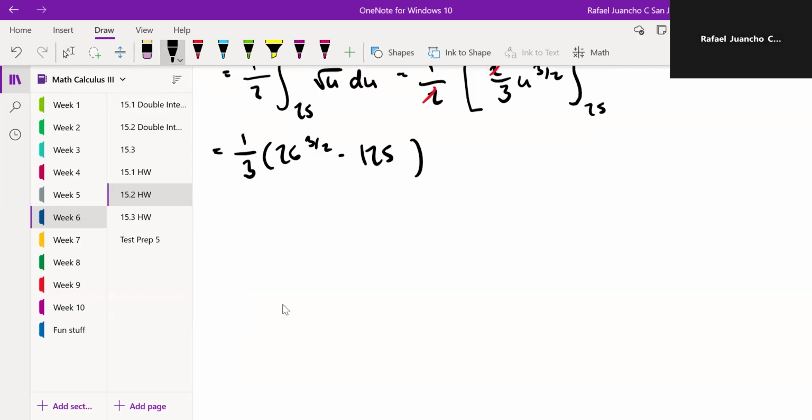Let me see this. 26 to the 3/2 is the same as 26 to the 1/2, to the third, square root 26 to the third.